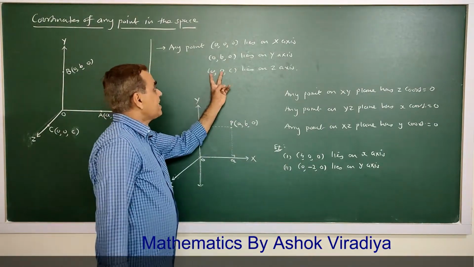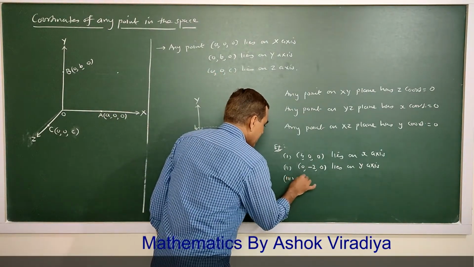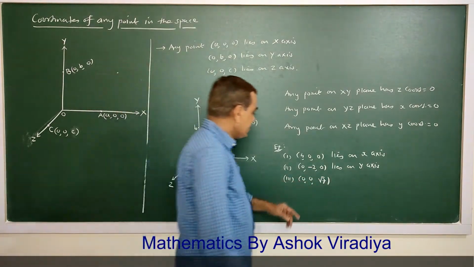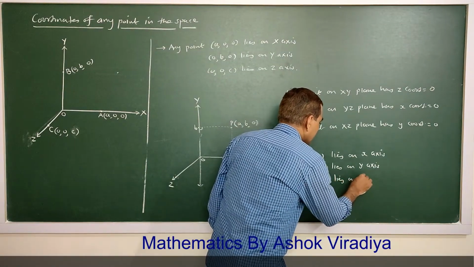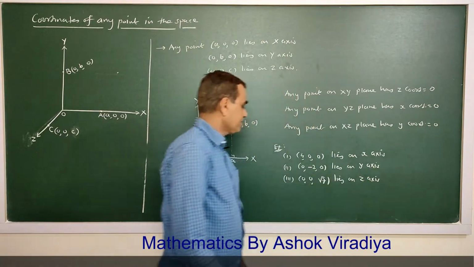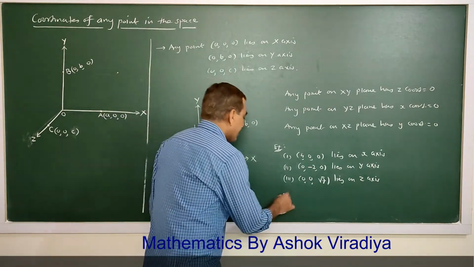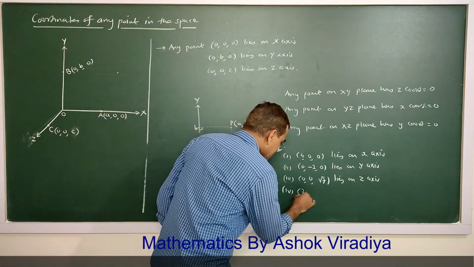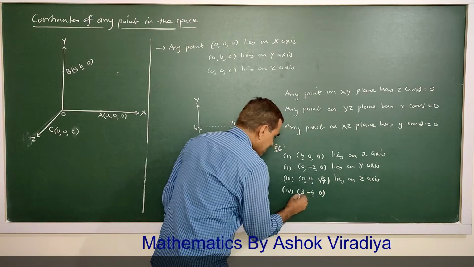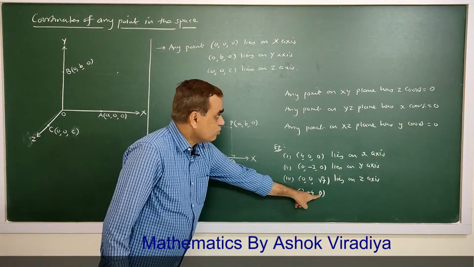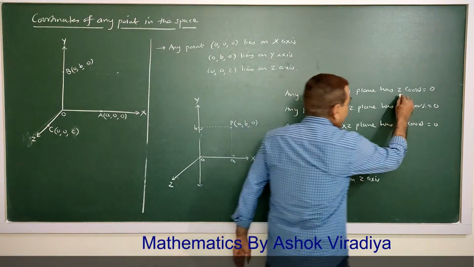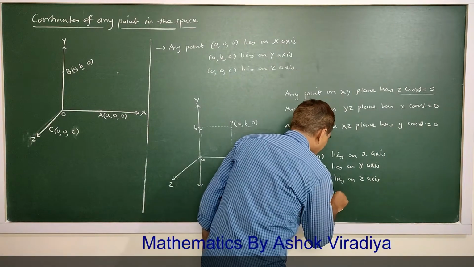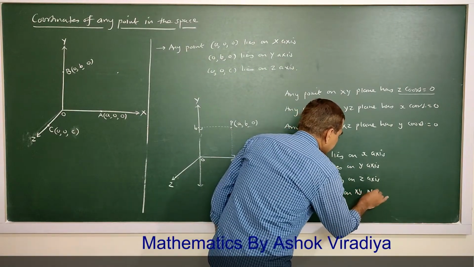If any point has x and y coordinate 0 and z is non-zero, then it is on the z-axis. If any point is of this form, suppose (3, -4, 0), whose z coordinate is 0, then it lies on the xy plane. This point lies on the xy plane.